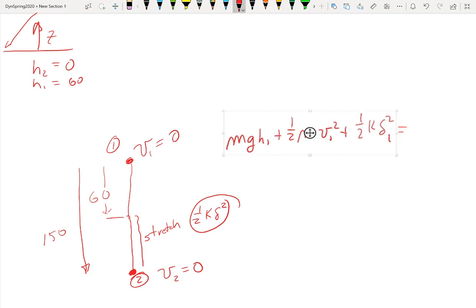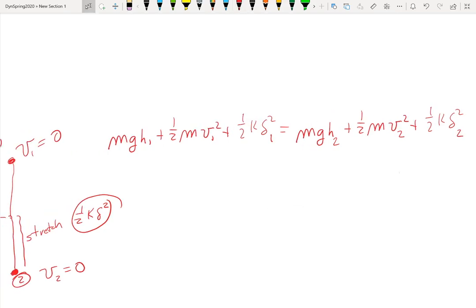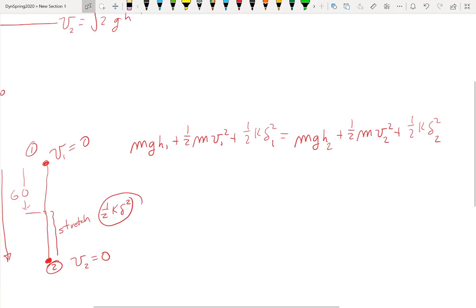guess what I can do? Let's do a copy. I'll paste it. But what I'll do, state 2, state 2, state 2. Let's identify. First of all, like me, I like to pick the bottom as the datum.